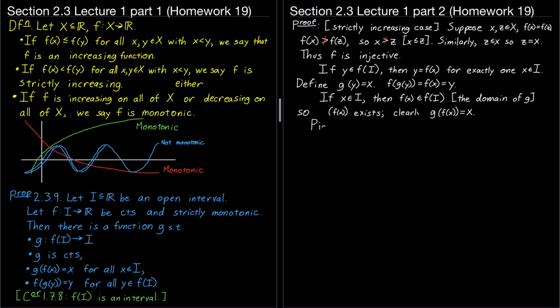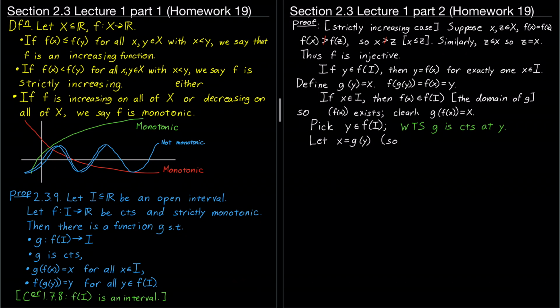So we are going to choose some y in our domain of g, in our f of I, and then our goal, what we want to show, is that g is continuous at y. And then here's how we're going to do it. We're going to let x equal g of y.